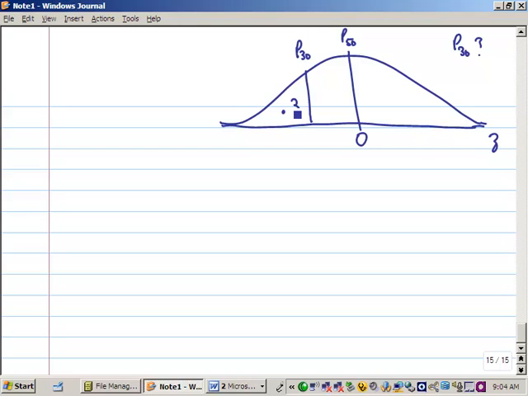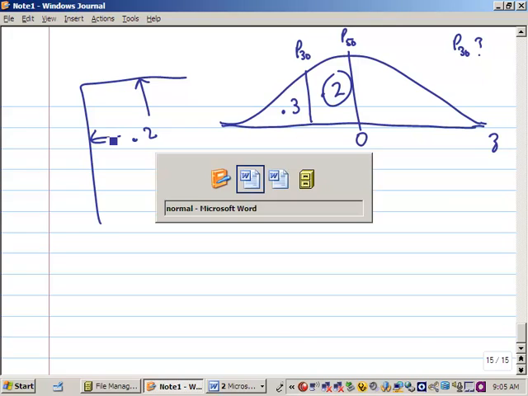The 30th percentile is such that 0.3, 30%, is below that, and the probability of getting between the 30th percentile and the 50th percentile, of course, is 0.2. It's this value that we'll go to the z tables and find the z value for.